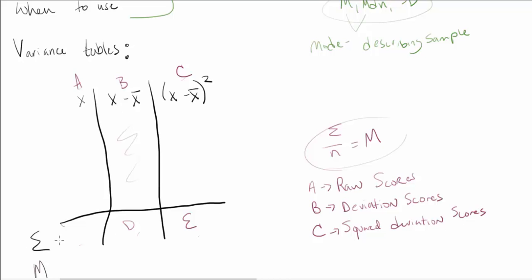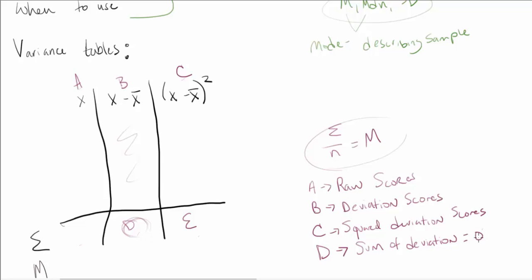Down here, we're taking the sum of those deviation scores in column B. This number right here should always have the same value. What should the value of D be? It's the sum of the deviation scores. So sum of deviation scores should equal what?